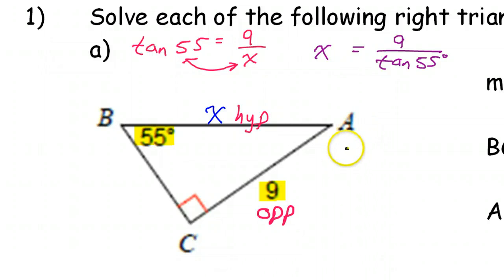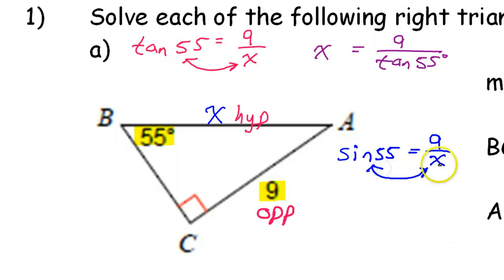So we will say that the sine of 55 degrees is equal to opposite over hypotenuse, so 9 over x. Again, if the variable is in the denominator, what you want to do is reverse these. So x is equal to 9 over sine 55, and you can put this in your calculator.